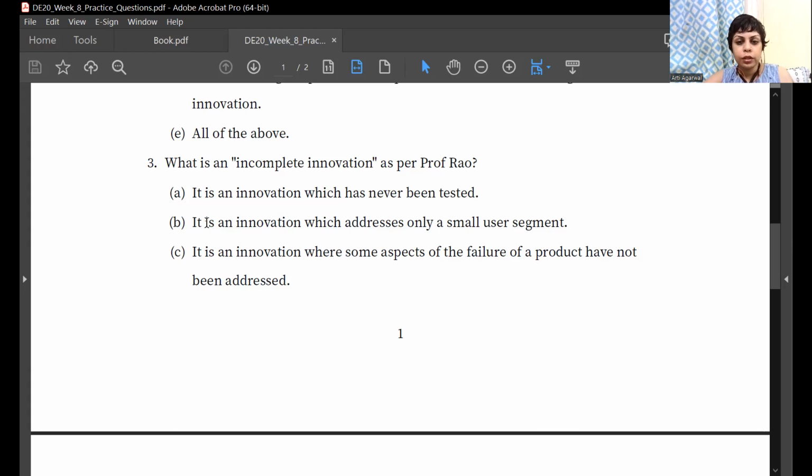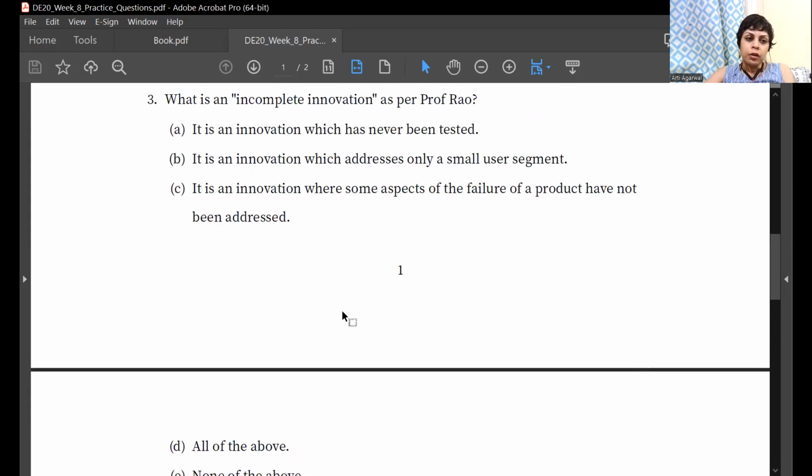C is it is an innovation where some aspects of the failure of a product have not been addressed. So this is exactly what we are trying to discuss and why we are trying to emphasize the difference between a design and an innovation.